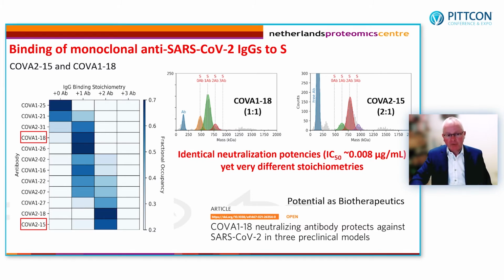But taking a whole mixture of human-derived antibodies, we actually saw that some of them bound preferentially with just 1 to a trimer, some of them bound preferentially with 2, and some of them didn't bind at all to the trimer. So we were using this CDMS to really look at the different binding affinity of these molecules and different modes of binding of these antibodies to the spike trimer.